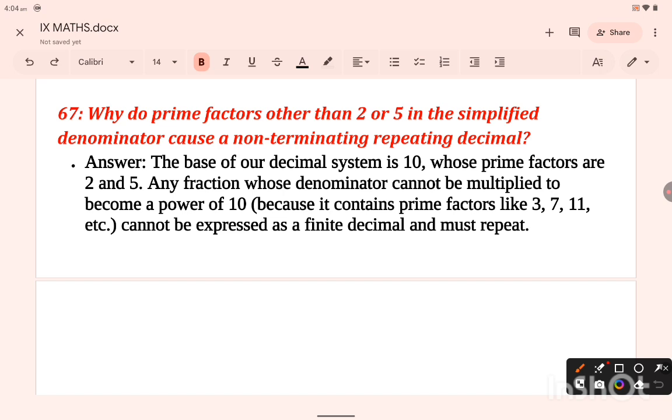The base of our decimal system is 10 or exponents of 10, whose prime factors are 2 and 5. Any fraction whose denominator cannot be multiplied to become a power of 10, because it contains prime factors like 3, 7, 11, cannot be expressed as a terminating decimal and must repeat.